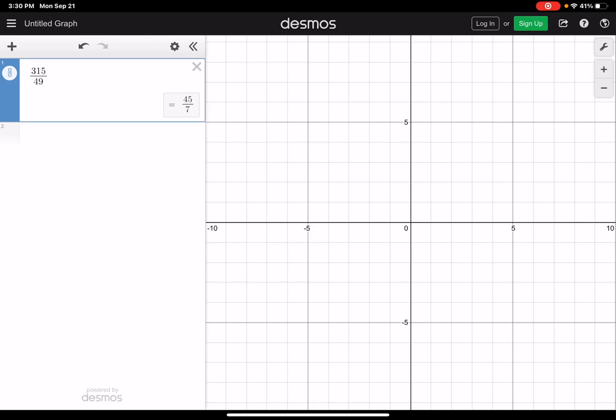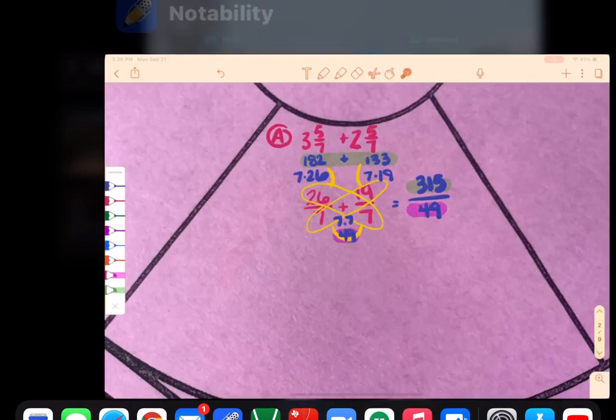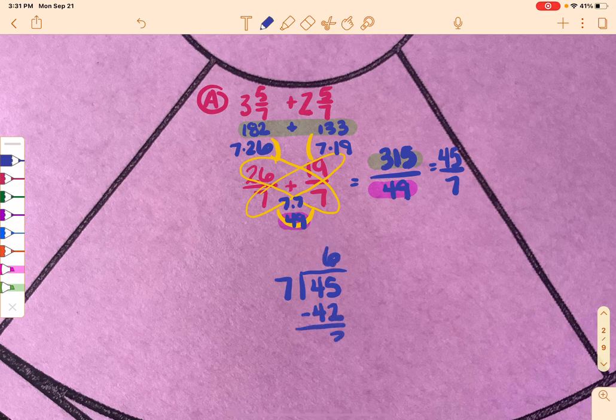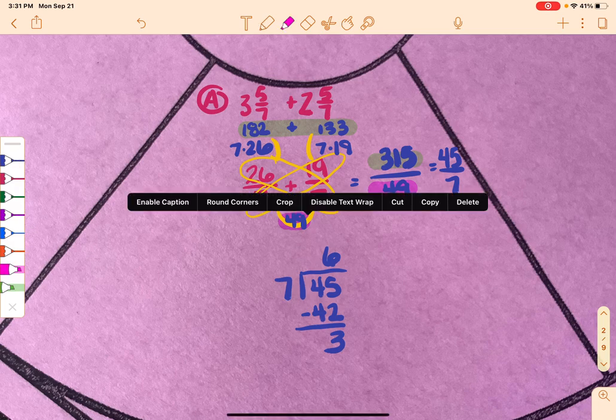And I get 45 over 7. Now for us, the top number is still bigger than the bottom one, which means that I'm going to have to do some dividing out. So 7 can go into 45 6 times, which is 42, and I have 3 left over.